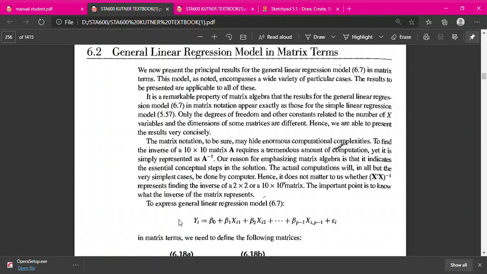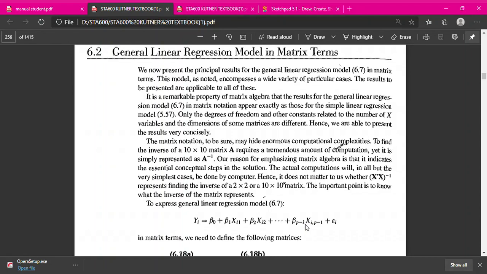But for multiple linear regression, if we have several x, we need to estimate all these betas, and we can use the matrix approach. We cannot use the formula. We can use the matrix approach, or we can also use software, either SPSS or other software such as Enterprise Guide, SAS EG, or SAS coding.